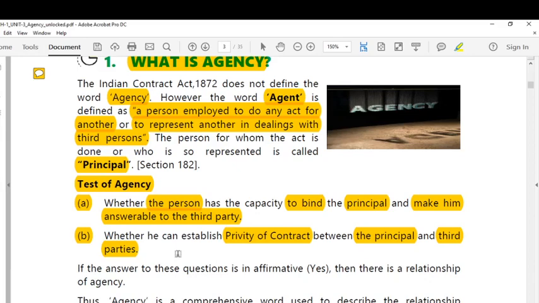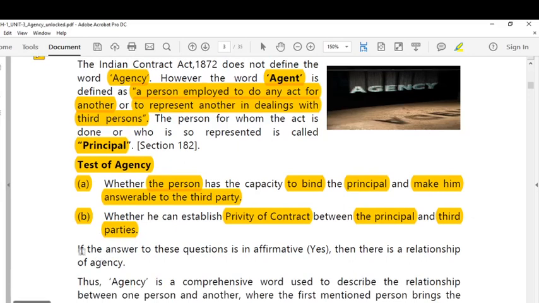If it is possible, then in all such cases there exists an agency, the test of agency, point A and point B. And if the answer to these questions A and B is yes, then there is a relationship of agency.